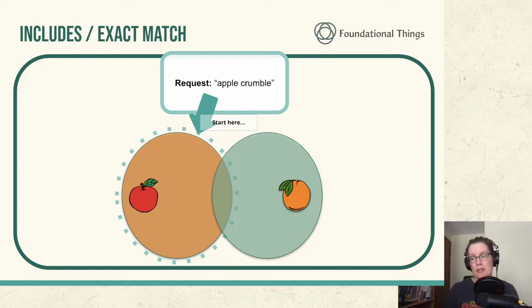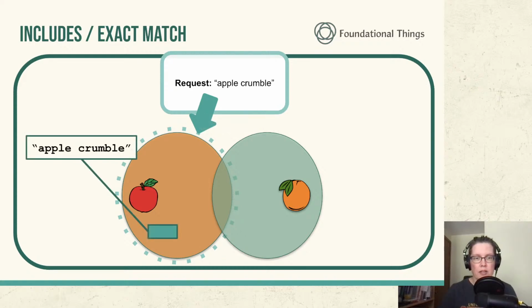There may be some of those websites that also have the word orange. We see that overlap there. That's fine. But we know that not everything is going to say apple crumble. Not everything is going to match that whole result. But we're going to start there. We're going to find that search engines are going to be pulling from that larger space that has the word apple in it. Just makes some sense.